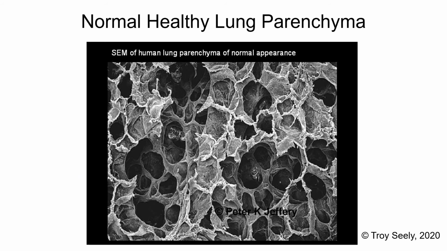So here we're looking at normal, healthy lung parenchyma. Parenchyma is a term for the functional portion of an organ, the section of the organ that really is involved and important in doing some of its very relevant work. So here we can have an appreciation related to the alveoli.